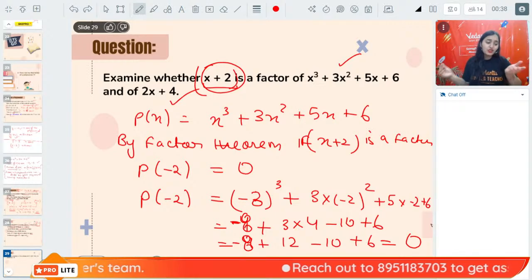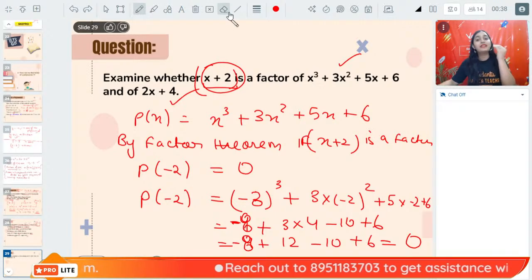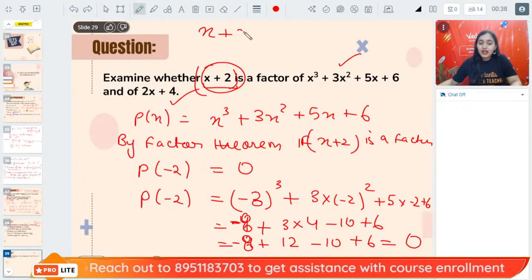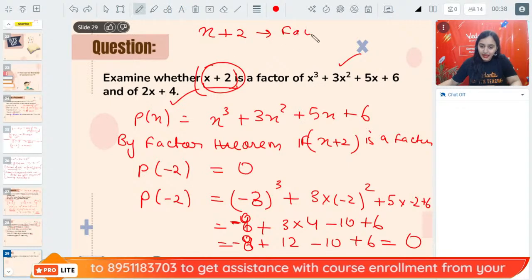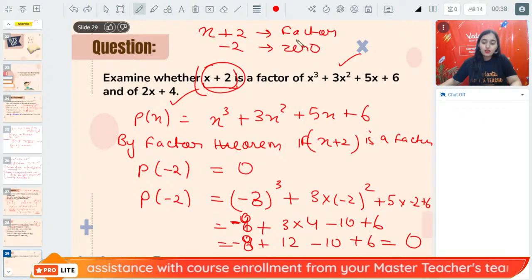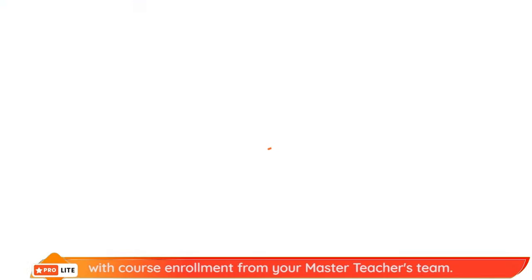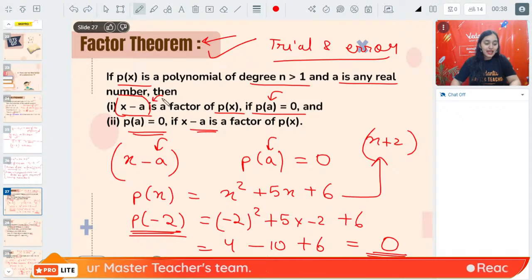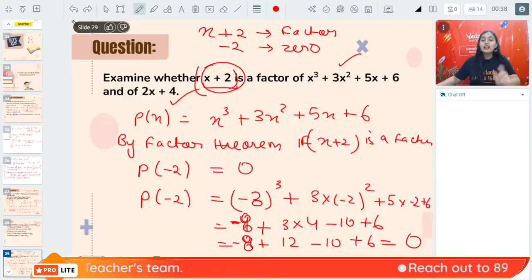Why p(minus 2), Parkavi? That's what I explained. If x plus 2 is a factor, then at minus 2 the value will be 0. What is factor theorem, Parkavi? Factor theorem says that if p(a) is 0, then x minus a will be the factor.